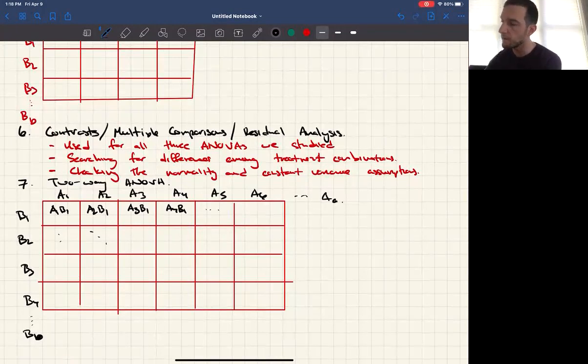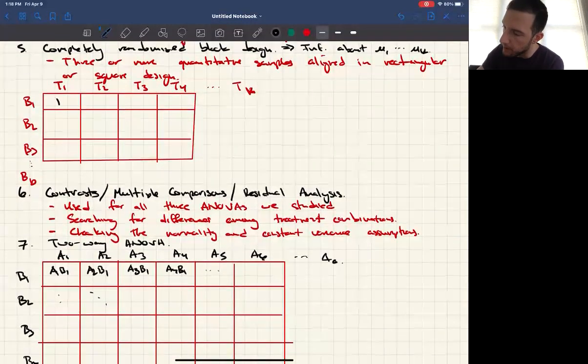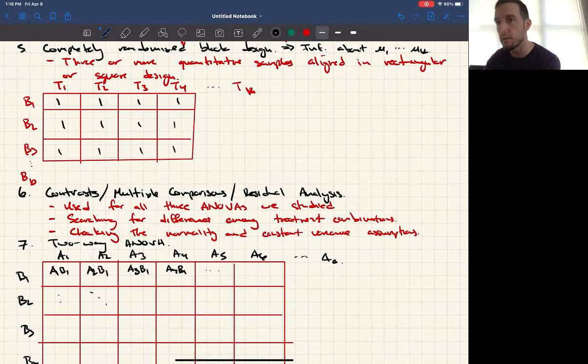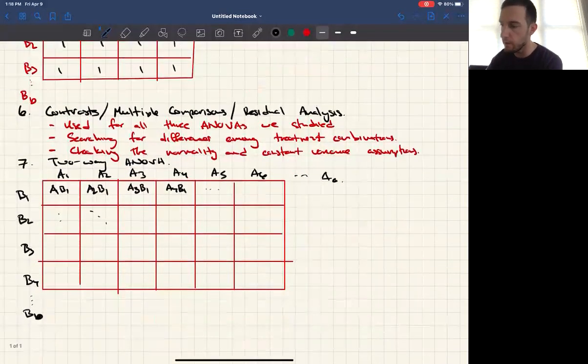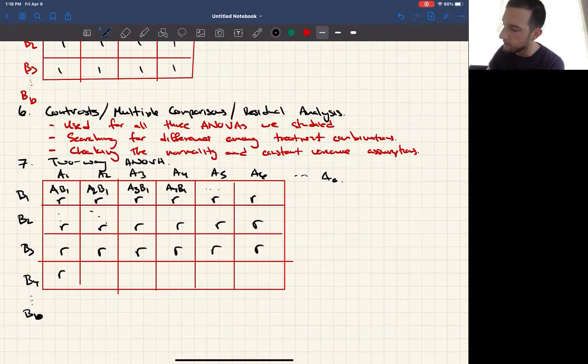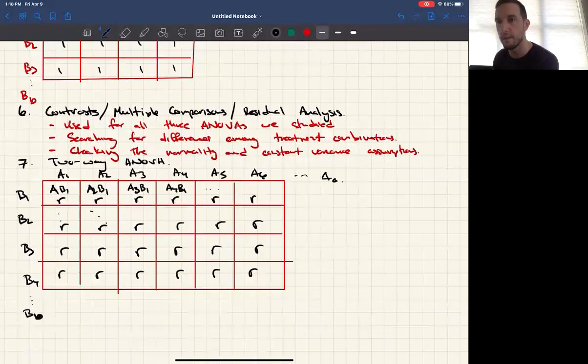So block designs give only one measurement in each of the different grids of the field. So you only get one response value for each treatment type. With a two-way ANOVA, you get R replications, which is consistent for every single output, which means that you have multiple measurements in each of the different units of the grid that I've drawn.